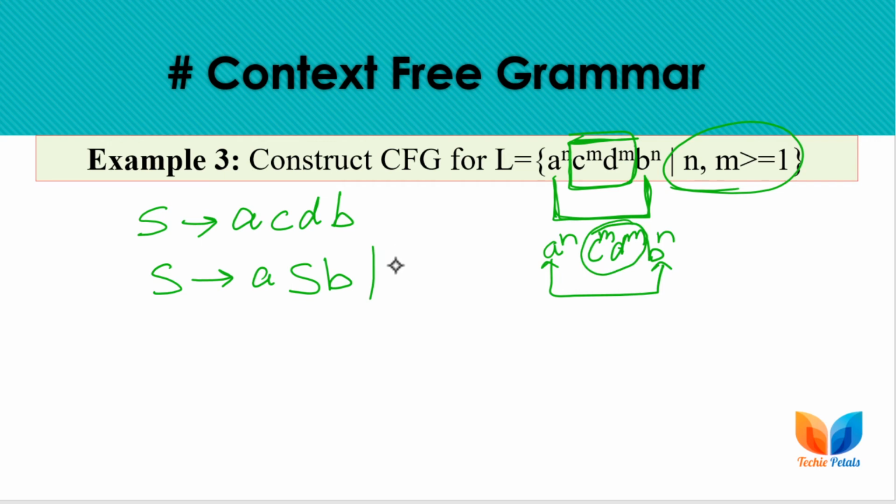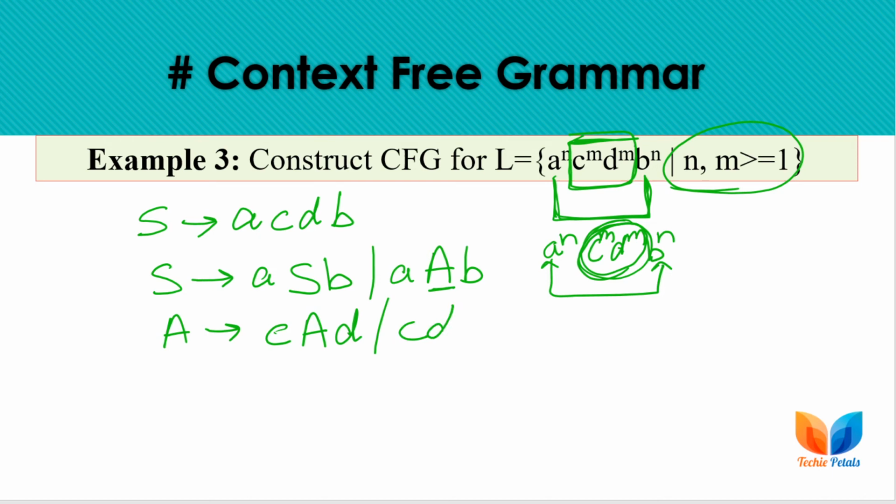So for this iteration we are moving towards the next non-terminal, A. Now A is responsible for repeating this inner section. So the production rule for A will be C, A, D, and as the minimum required occurrence is 1, we will have C, D here.